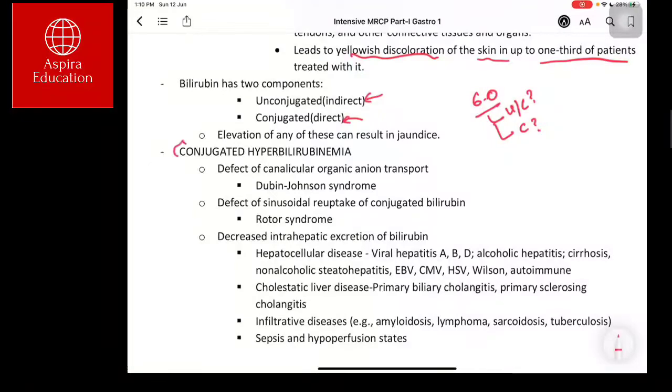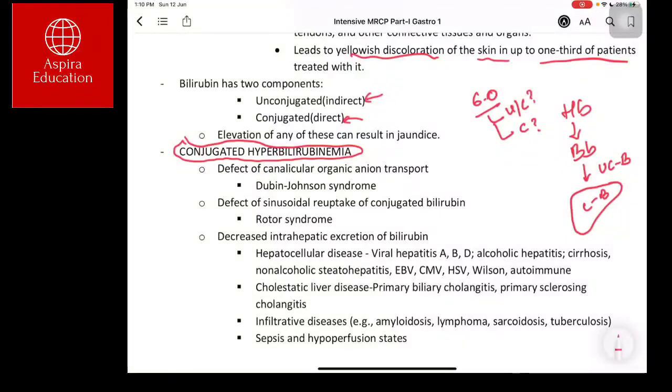So, conjugated hyperbilirubinemia. Let us first see this. Hemoglobin is broken down into bilirubin, and this bilirubin goes to the liver as unconjugated bilirubin, and once it is in the liver, it is known as conjugated bilirubin.